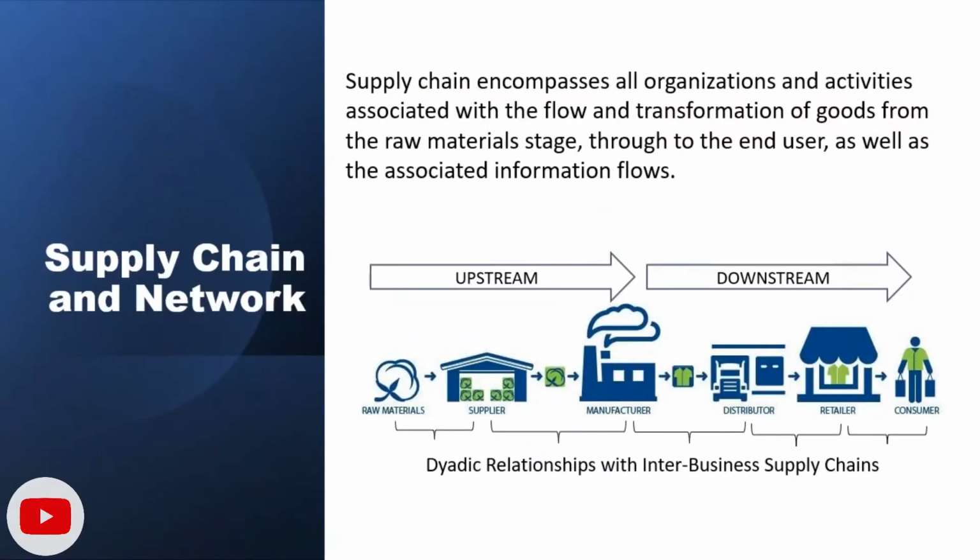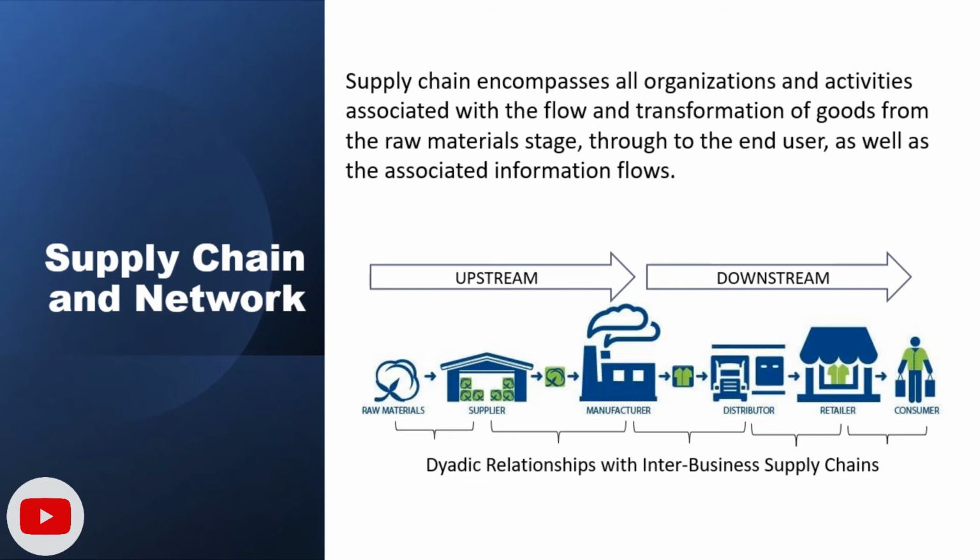In previous slides, we saw the integrated logistics structure, and we have been told logistics comes under supply chain. So what is supply chain doing in these aspects? Here we are seeing the supply chain network. Supply chain encompasses all organizations and activities associated with the flow and transformation of goods from the raw material stage through to the end user, as well as the associated information flows.